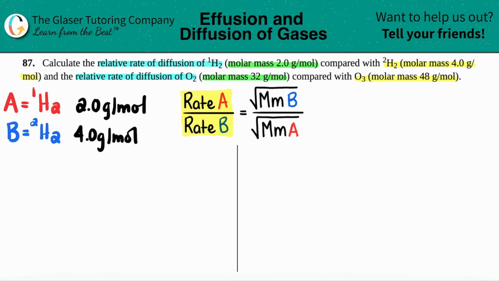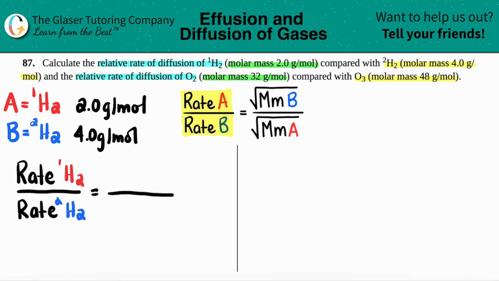So let's go for it. We're solving for the rate of H2, number 1, divided by the rate of the second one. So that's H2, that's a 2. And this is going to equal something over something else, right?